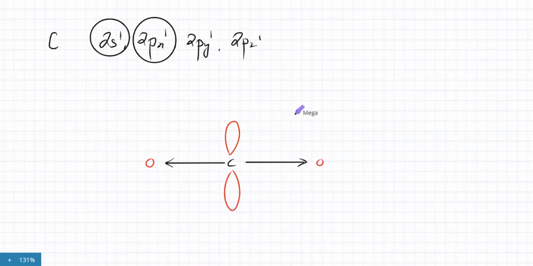The 2pz orbital would be on the z-axis. So let's say that's your z-axis. So there's going to be another orbital, and that orbital would lie on the z-axis, right?